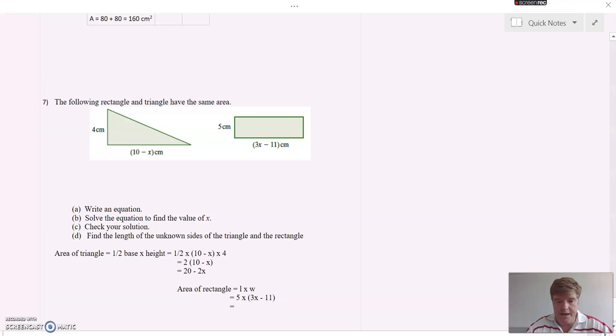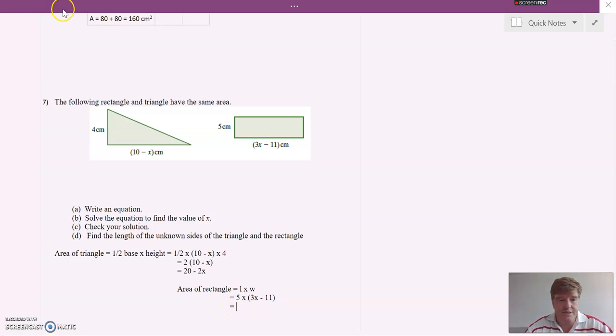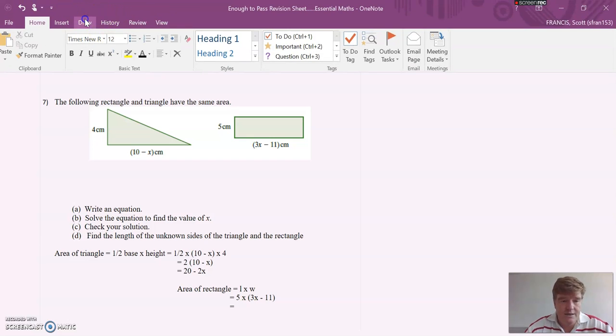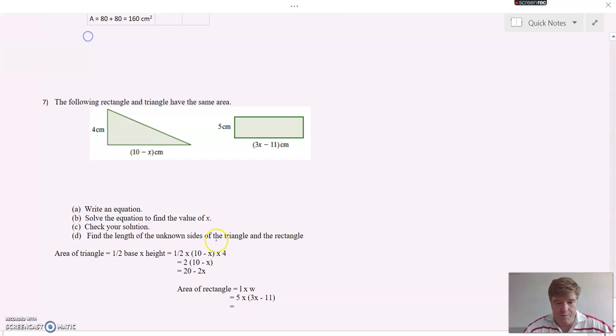Okay, so now we can expand those. When you've got one bracket, we seem to be doing a lot of expanding brackets in these problems. Multiply one first term, multiply by the second term.